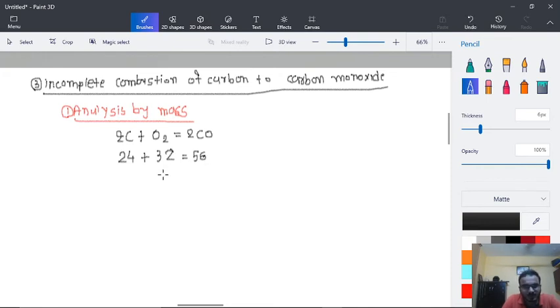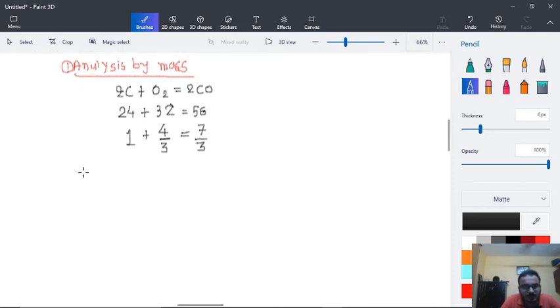And here we can divide it by 24, so the final answer will be 1 plus 4 by 3 is equal to 7 by 3.